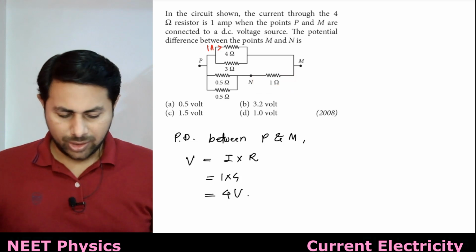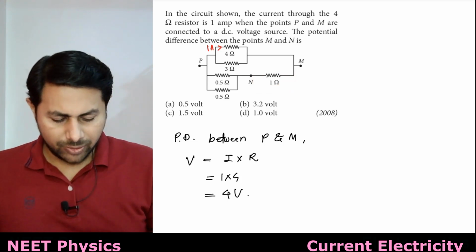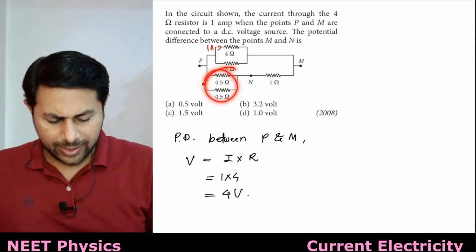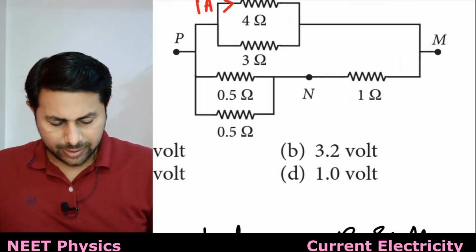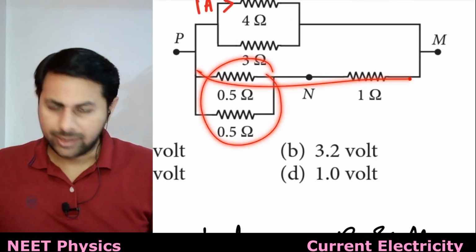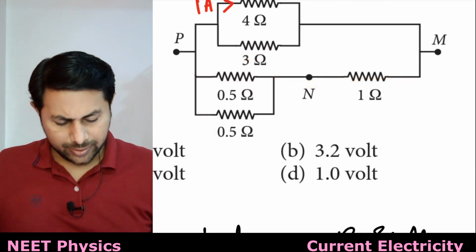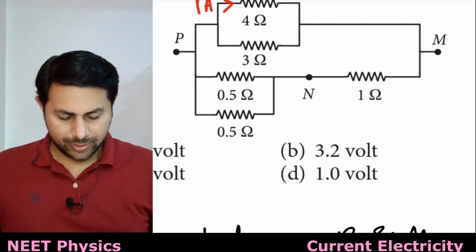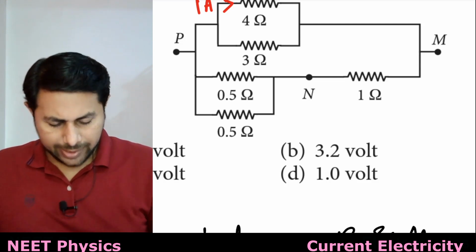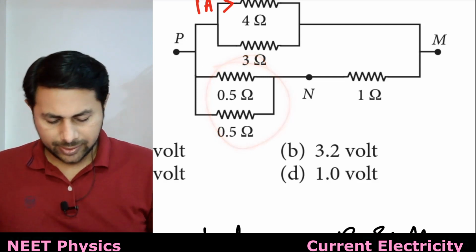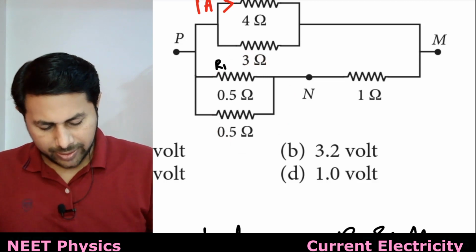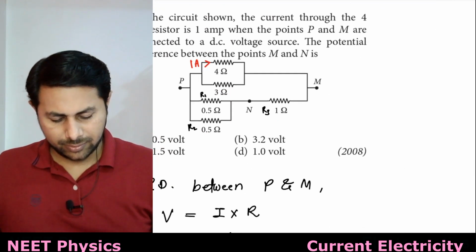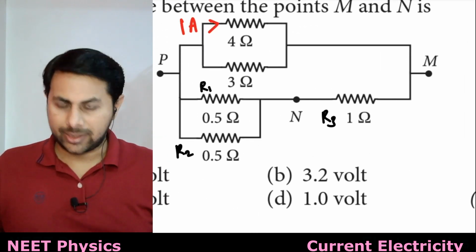So for that, what should we do? We want to find out current in this branch, right? So for that, let's find out the equivalent resistance here. You can call that branch anything. So let's call this one R1, this is R2, this is R3. You can see R1, R2 and R3.